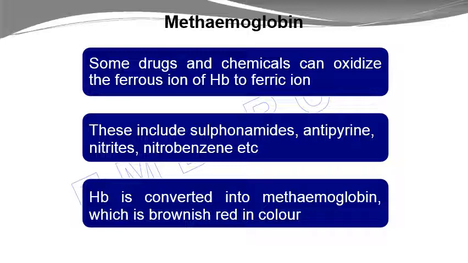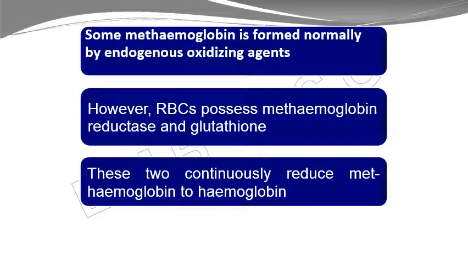Some methemoglobin can be formed inside the body by normal physiological processes, but that is a very minute amount. Our RBCs have enzymes called methemoglobin reductase and glutathione. So even if methemoglobin is formed in the body by physiological processes, it will be reduced immediately back into hemoglobin, and our RBC will be capable of doing so because the amount will be very minimal.